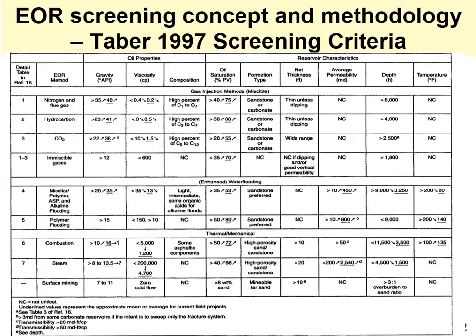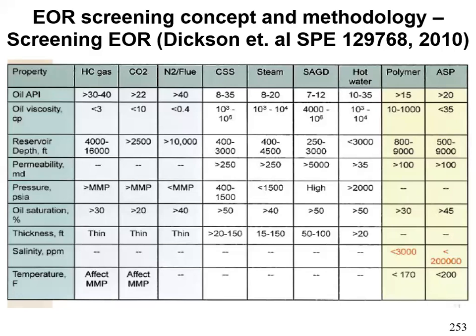API gravity range is given, viscosity, also composition is given, and then the preferred residual saturation is also stated, formation type, net thickness, and then of course the NC here refers to properties that are not critical, and then there's depth and there's temperature.